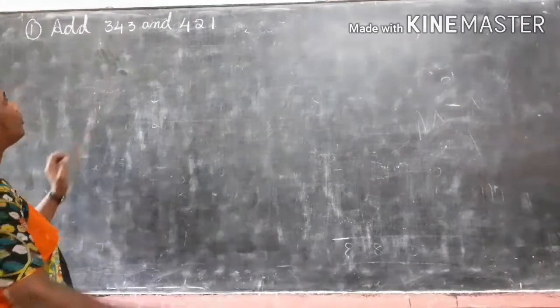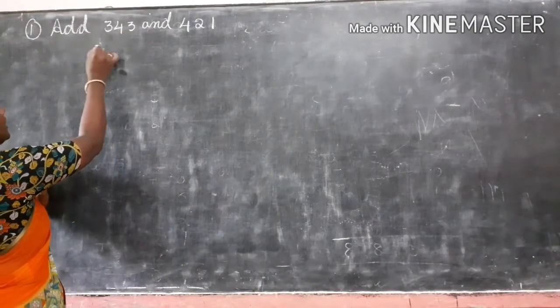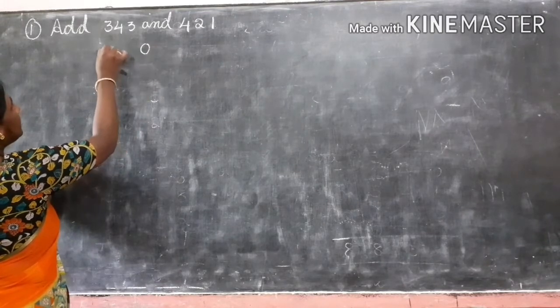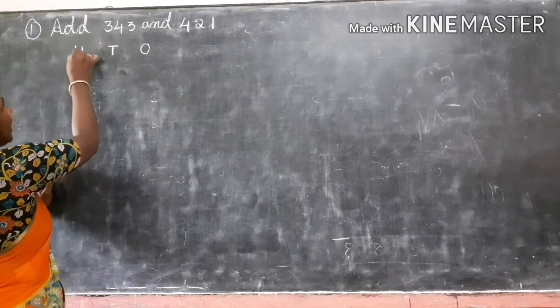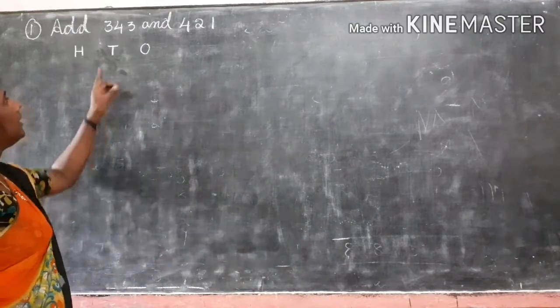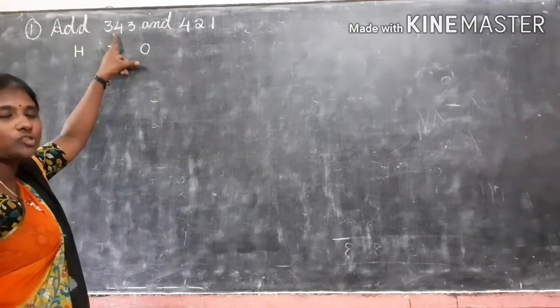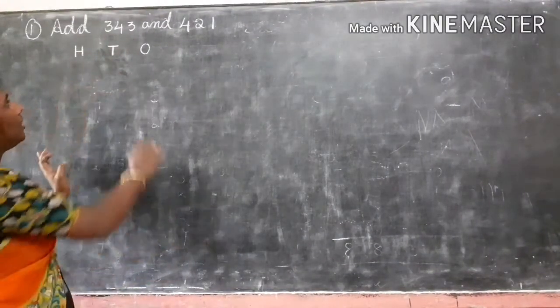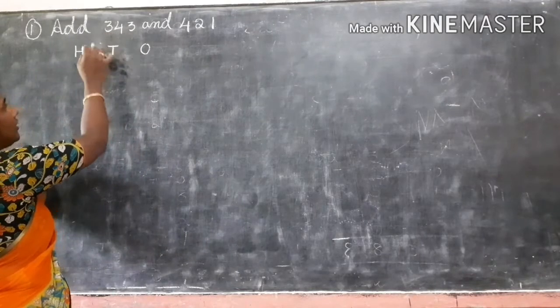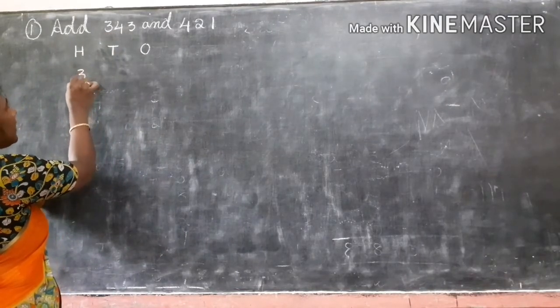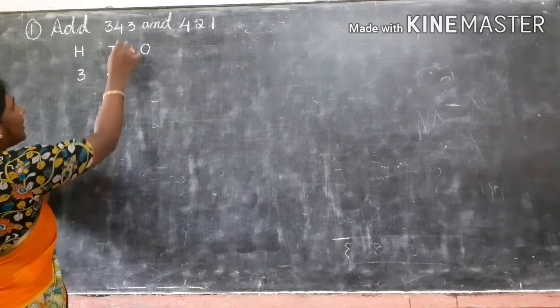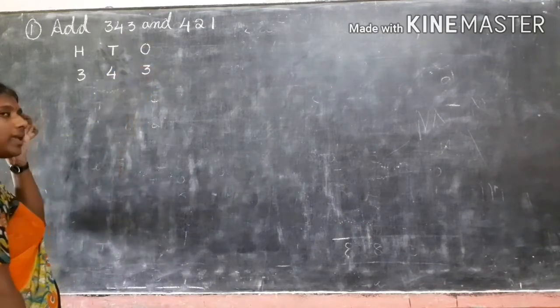So we have to write the place values first: ones, tens, hundreds. Now the first number 343: 3 is in the hundreds place, 4 is in the tens place, 3 is in the ones place.